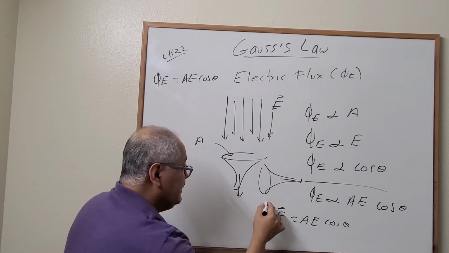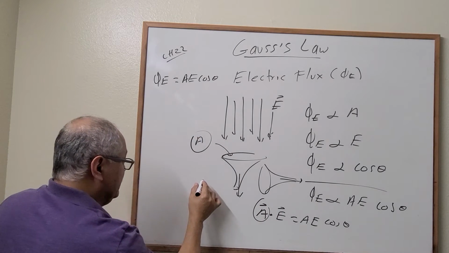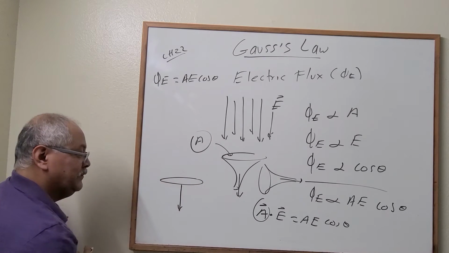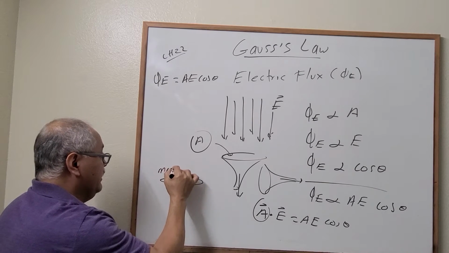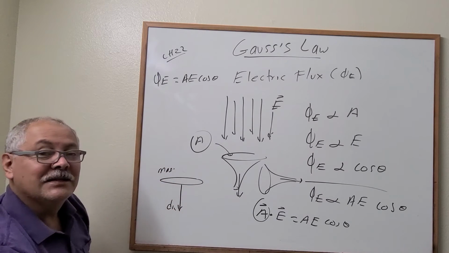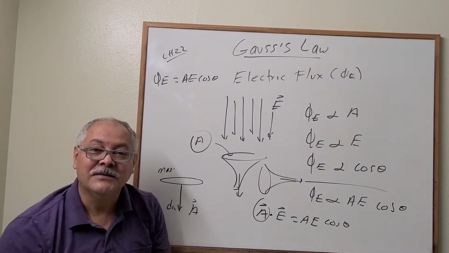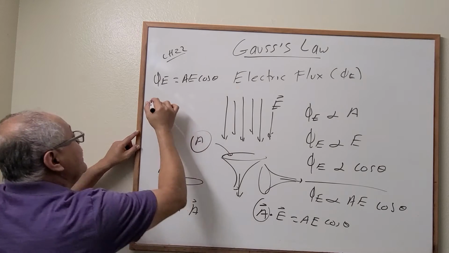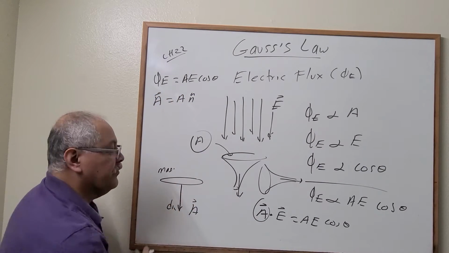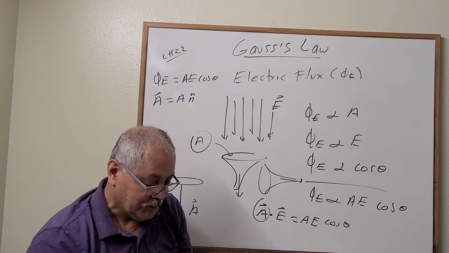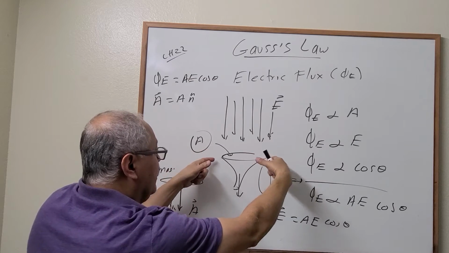This means that we can represent the area also as a vector. Now imagine this is the surface and this is the vector, the direction. This is the magnitude, and this is the direction. And this is the vector A, the area vector A. So this area vector A is equal to the magnitude times the direction, which is perpendicular to the surface of this opening.